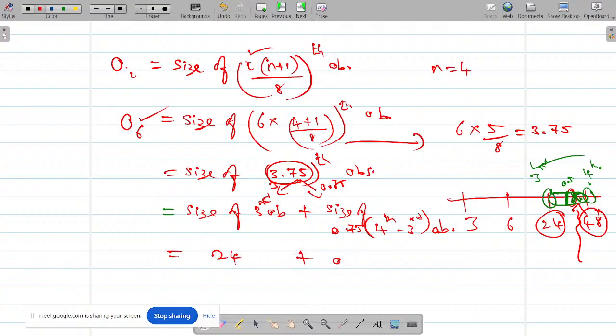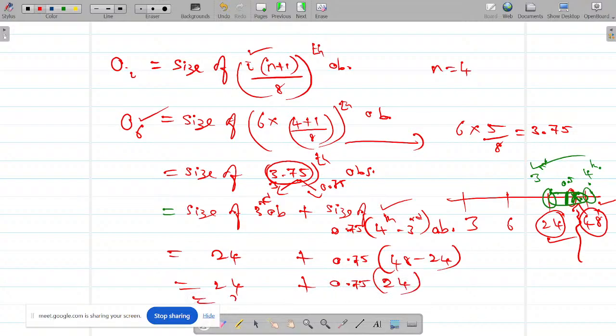It's 24 plus 0.75. What's the fourth observation value? 48 minus third observation 24. So it's 24 plus 0.75 of the difference, 24. So this is 24 plus 0.75 of 24, which means you have to multiply. Okay, so 18. So 24 plus 18, which is 42. Is it okay, Vasanta? Is it okay?